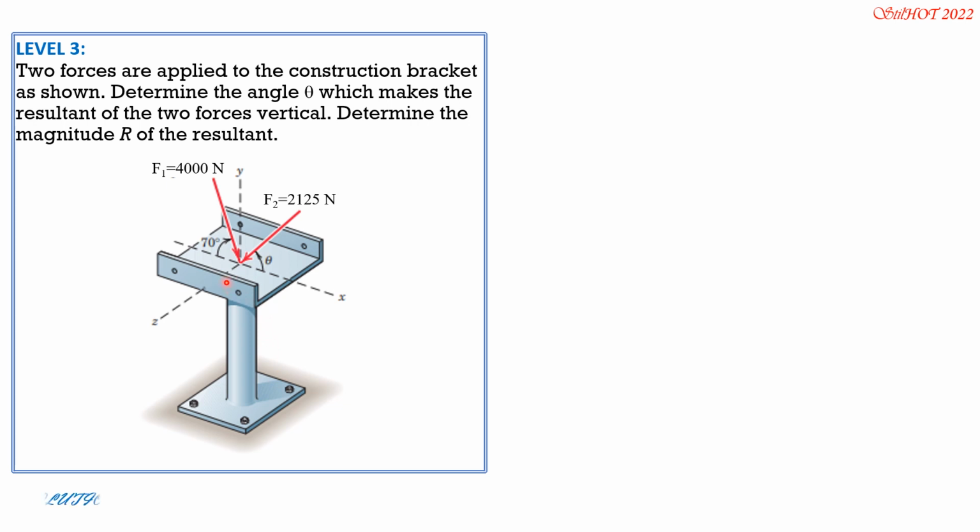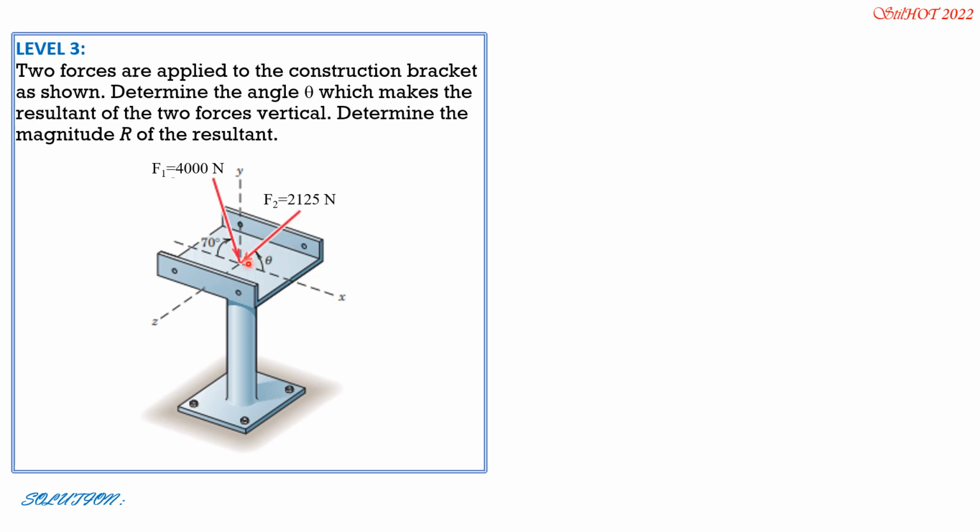So from the figure, let's now have the general resultant of a general coplanar, concurrent force system. Let's make use of the angles. F1 is directed towards the positive x-axis, so its x component is positive.